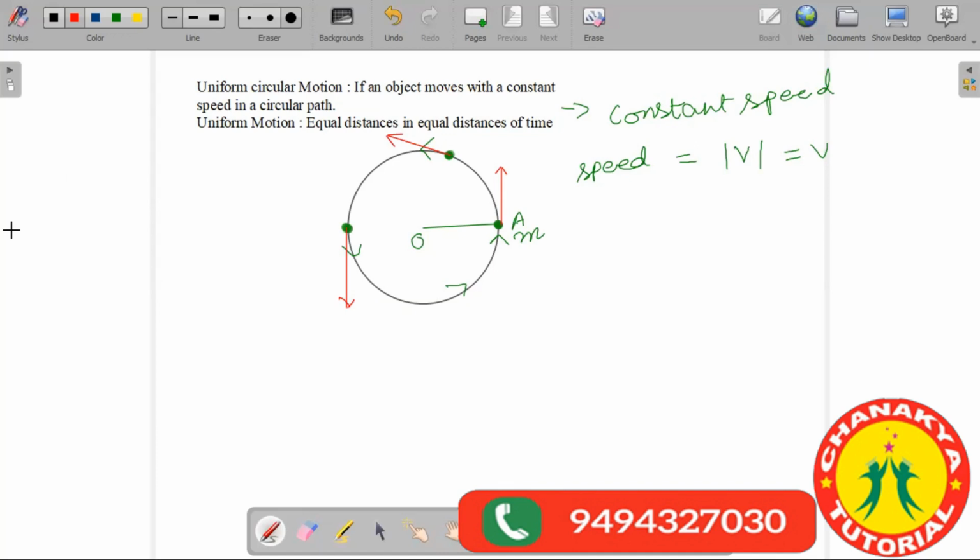Yes, sir. So at every point here we observe that the direction of motion changes. Since the direction of motion changes, we say that the velocity is changing.